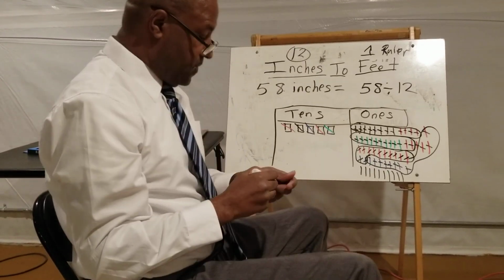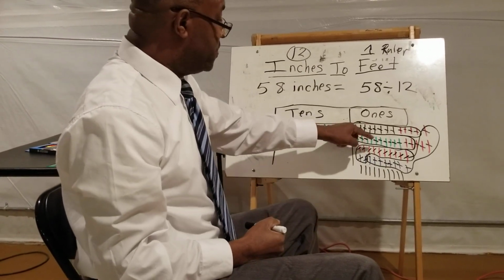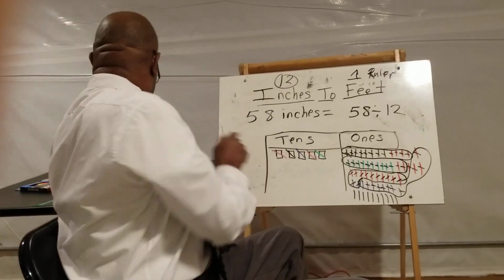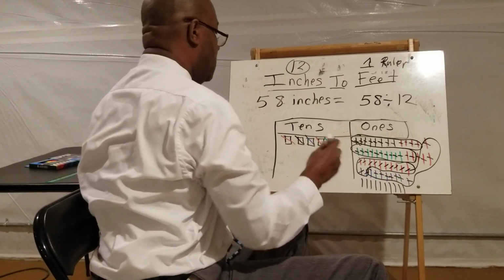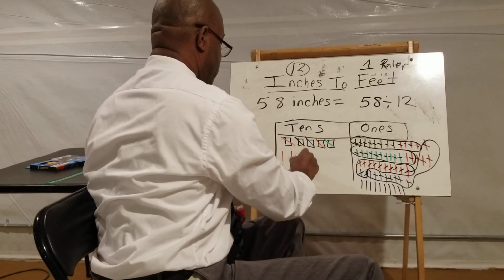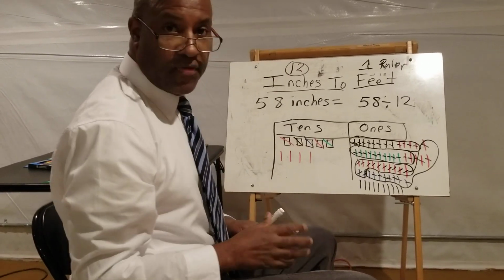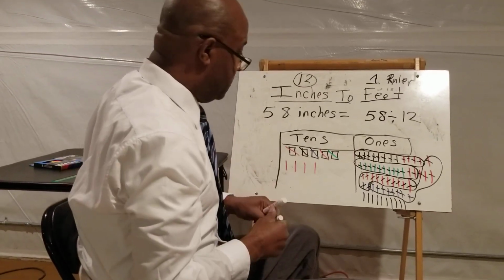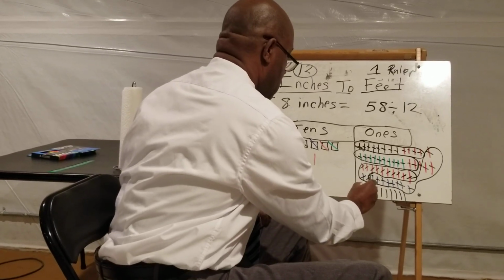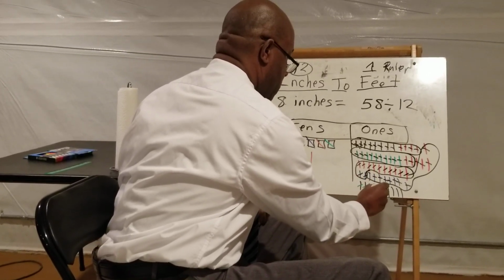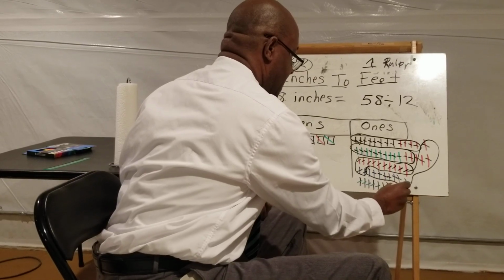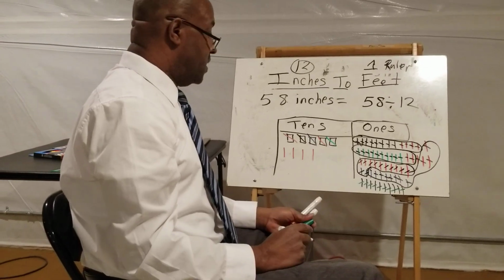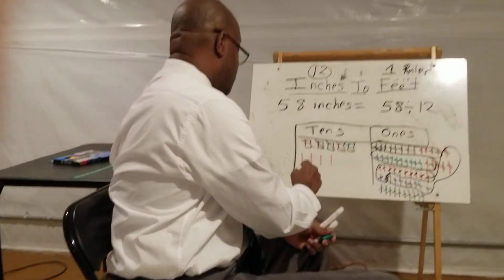Okay, now, so far we have 4 groups of 12. So right now we have 1 foot, 2 feet, 3 feet, 4 feet because we have 12 in each group. Let's see if we have another group of 12 left. 1, 2, 3, 4, 5, 6, 7, 8, 9, 10. Uh-oh, we don't.